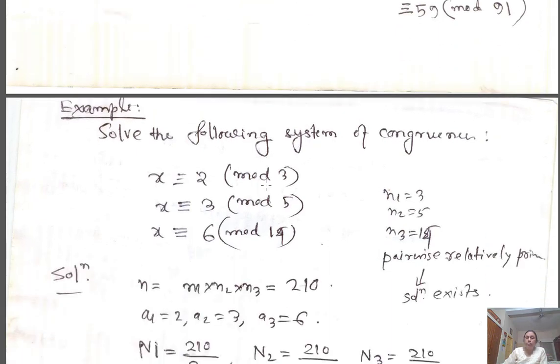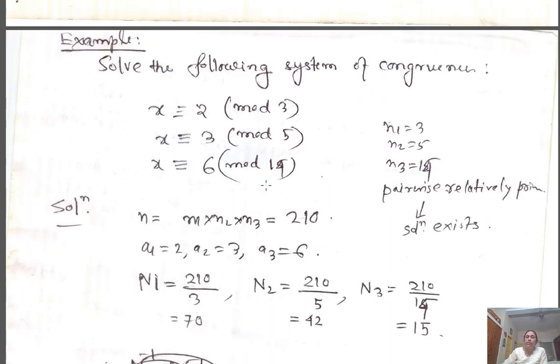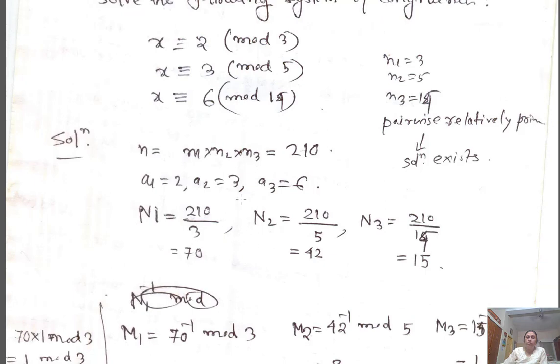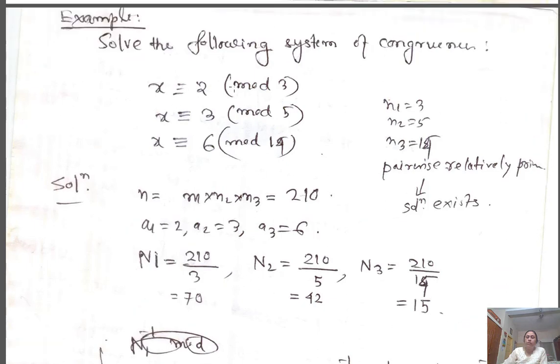Okay, so I will give you some assignments on this, with 3 equations, how to get the solution. I will set some questions where you have to find the modular inverse. This is 70, so 70 inverse you have to find. 70 inverse modulo 3, 42 inverse modulo 5, 15 inverse modulo 14. If these moduli are very small, you can find the solution very easily.